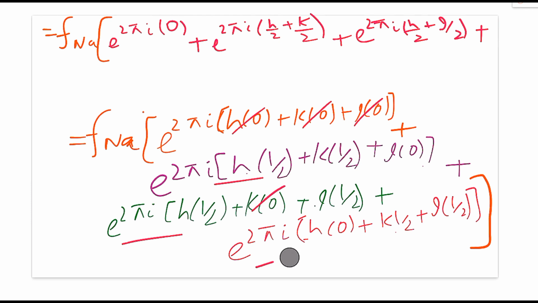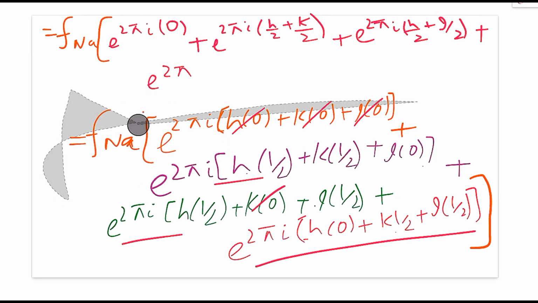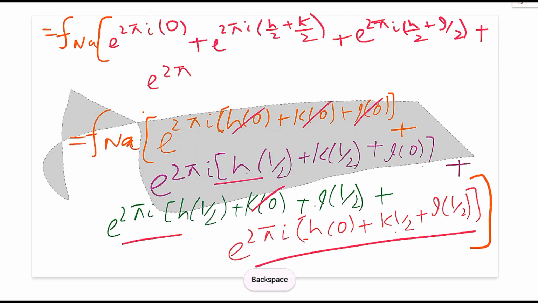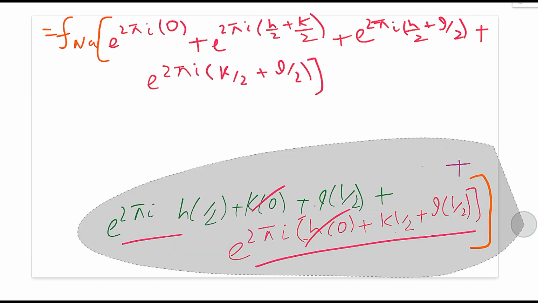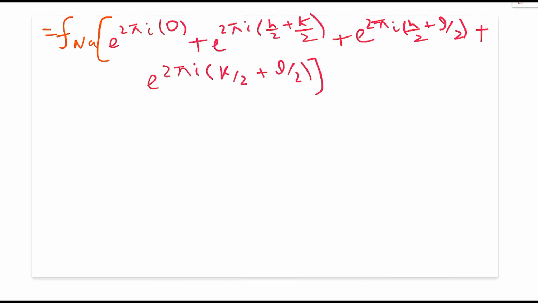Then plus sign, we have the last term here, which is e to the power 2 pi iota, and h into 0 is 0, so we have k by 2 plus L by 2. In that way we have successfully simplified this, and now we can simplify it even further.